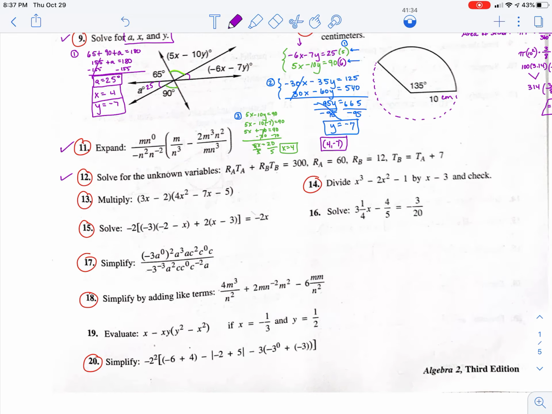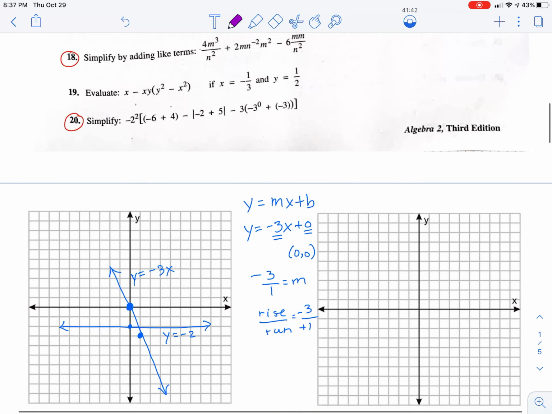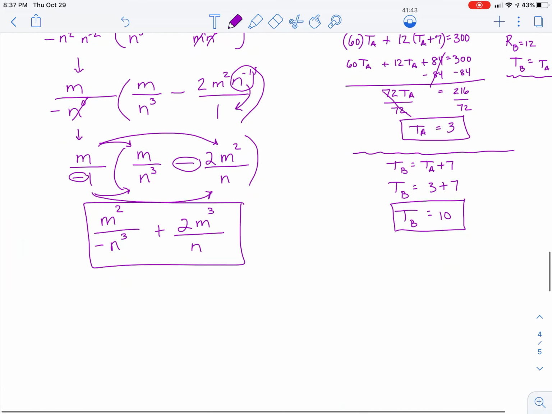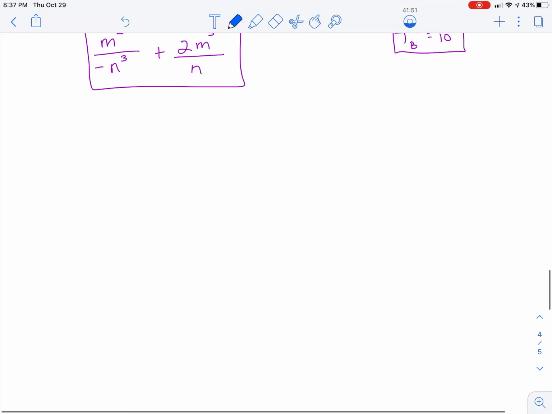10, 11, and 12. 13, we want to multiply this right here, 3x minus 2 times 4x squared minus 7x minus 5. So I'm going to come down here, and change the color of my pencil to blue. Let's write it down.